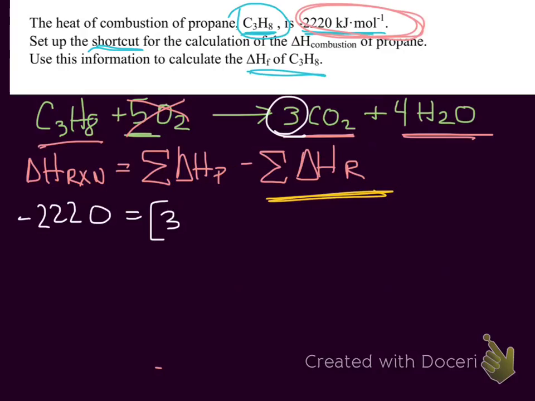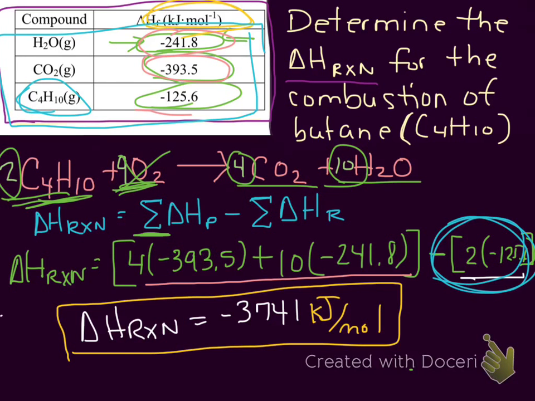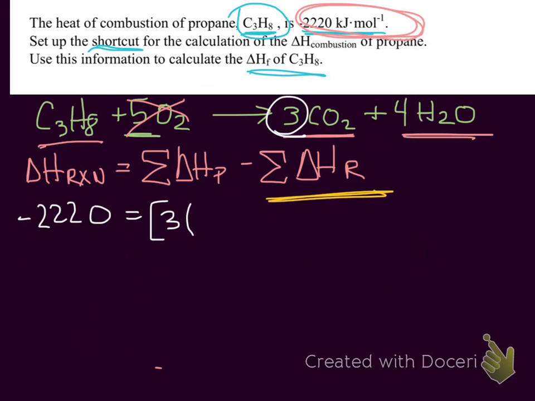We've got 3, and each one of the CO2s, if we look at the previous screen, is negative 393.5, plus we've got 4 waters.